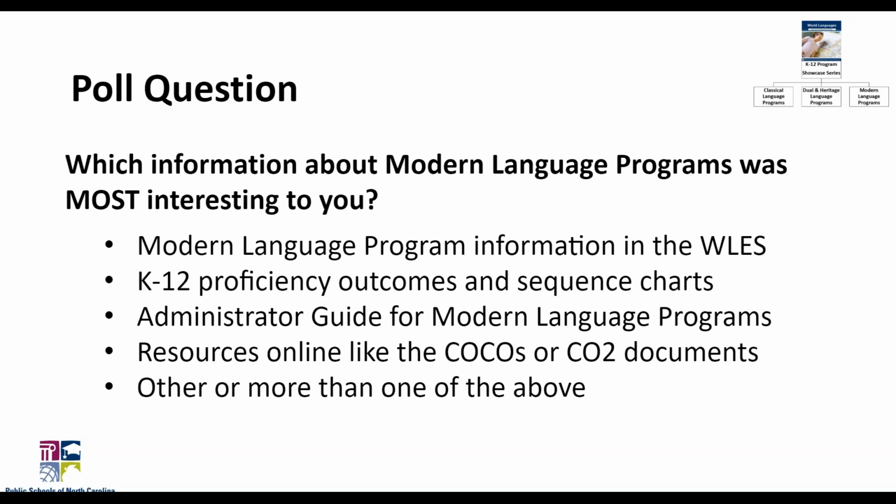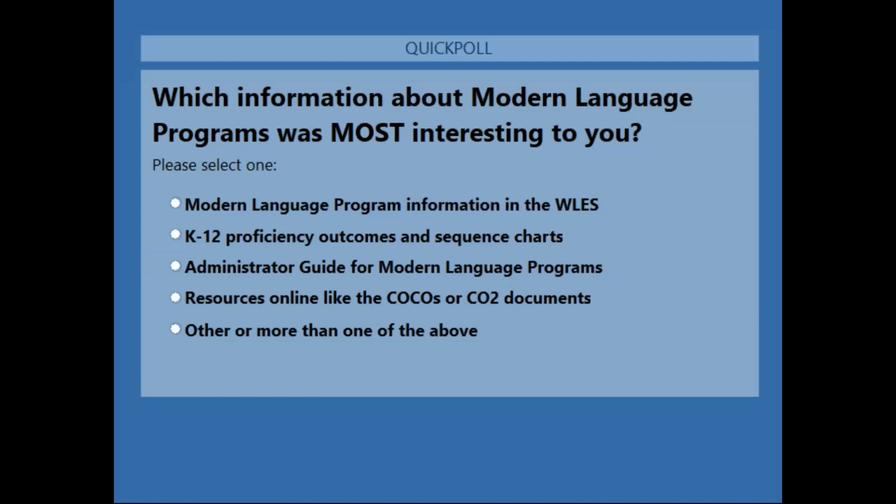Was it the K-12 proficiency outcomes and sequence charts that you saw? Was it the administrator guide for modern language programs? Was it resources online like the COCOS or CO2 documents? Or maybe you want to say it was some other resource or more than one of the above. So I'm going to go ahead and run this poll question so that you can share what you're thinking about that. And then I'll pause also and check the questions box.